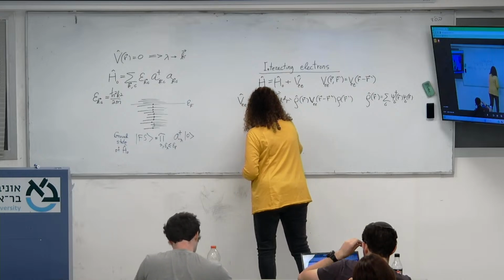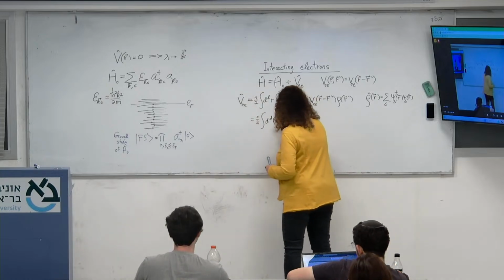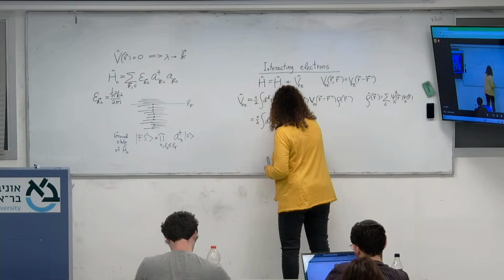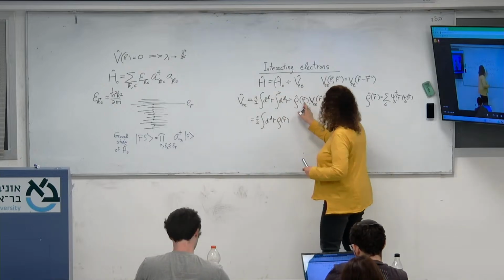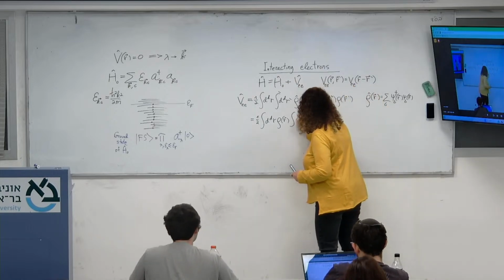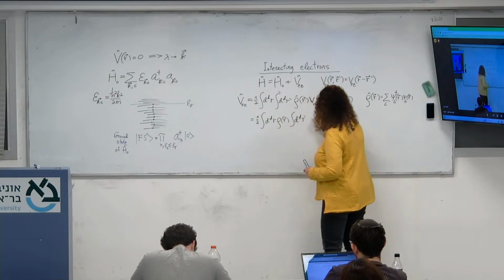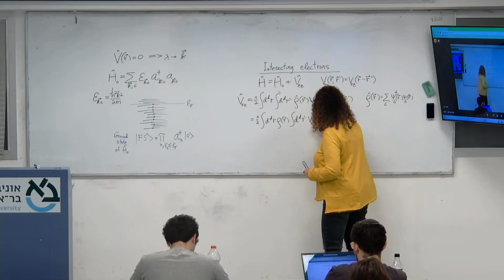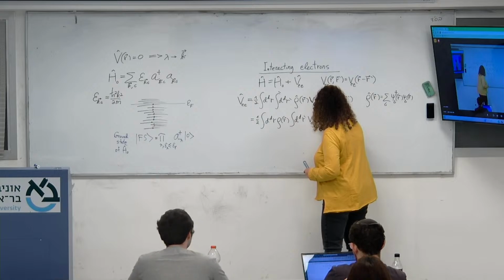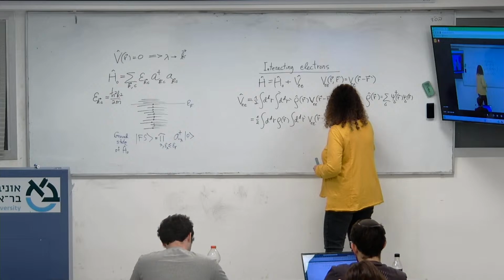So let me leave here the rho of R, because this does not depend on R prime. And the integral over R prime I leave separately. I want to first integrate over R prime.